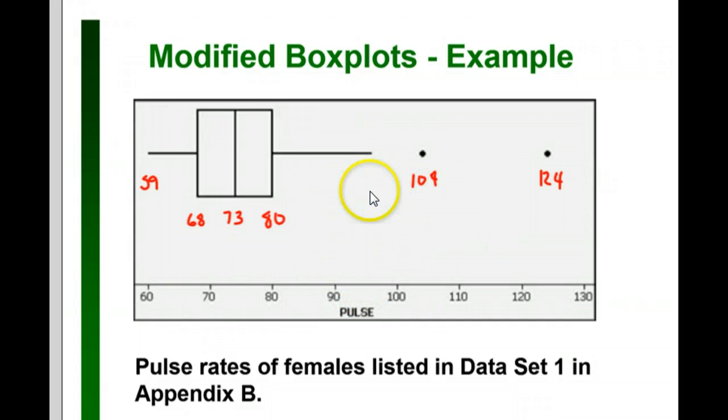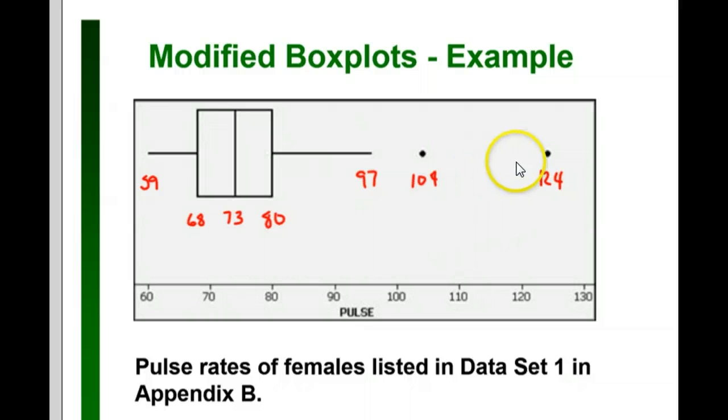So what we're saying is this 104 and this 124 are outliers. This is a better predictor of where pulse rates will fall, and these are our outliers that are falling well above where the rest of the data is falling.